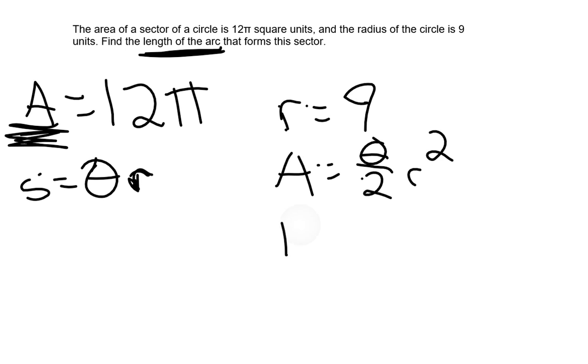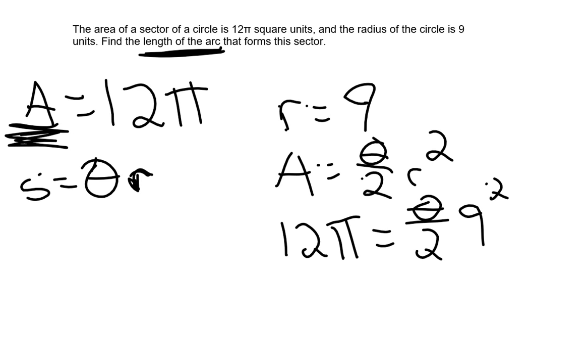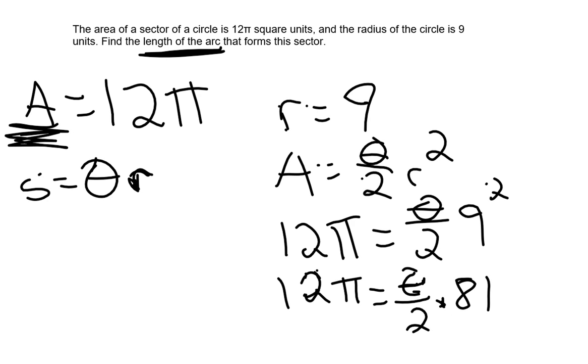Let's plug in what I know. I know my area is 12 pi. I don't know my theta, but I do know my radius is 9. So I have 9 squared here. So I've got 12 pi is going to be equal to theta over 2 times 81.